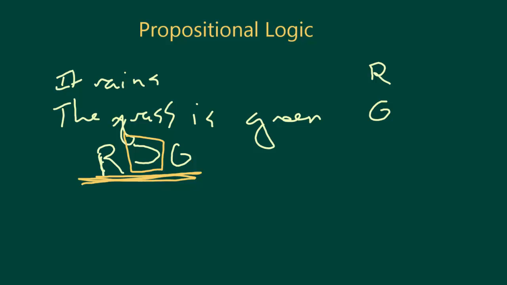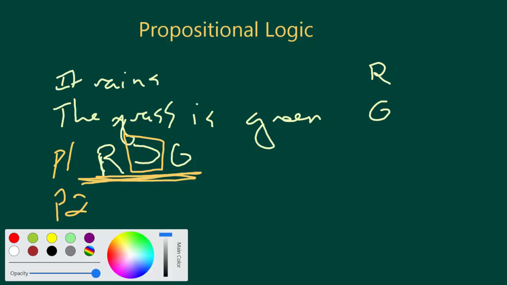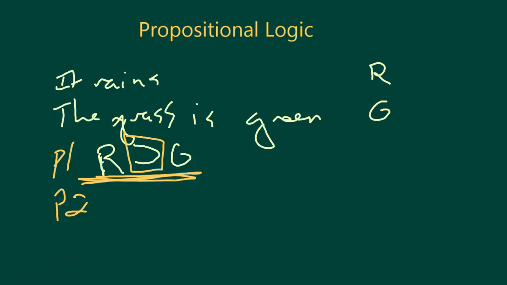And then if we add other types of statements in an argument, so we could take this as our first premise, and we might have another premise, it is not the case, for instance, that the grass is green. And the not-the-case sign is going to be a tilde, as we will see.